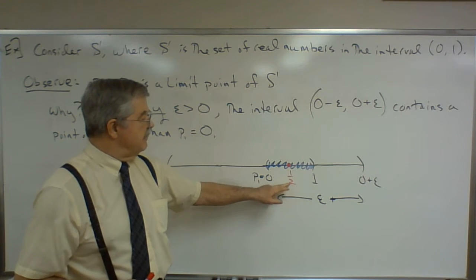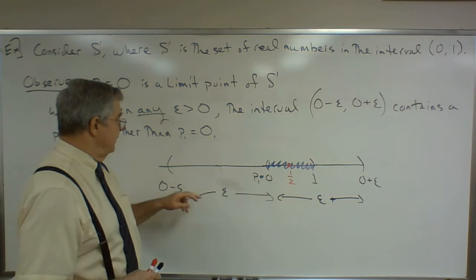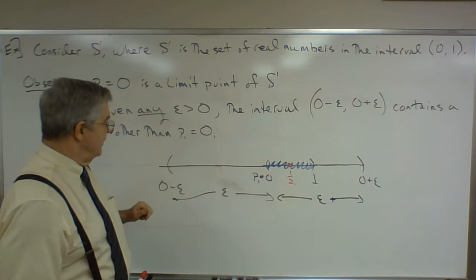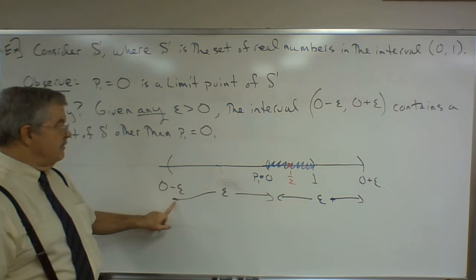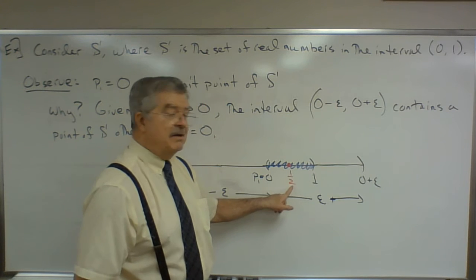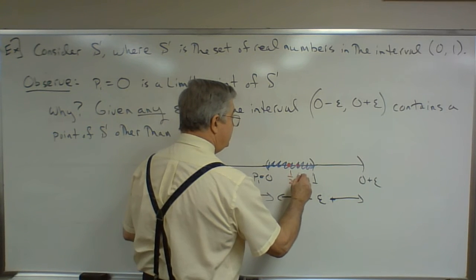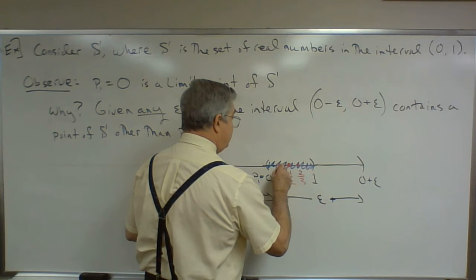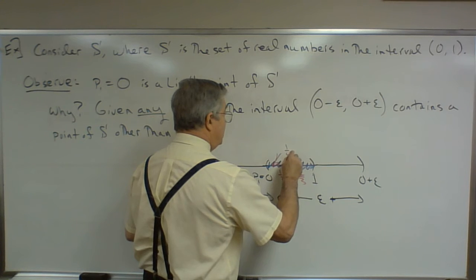This is in the interval from 0 to 0 plus epsilon and from 0 to 0 minus epsilon. 1/2 is an element of S, and the interval from 0 minus epsilon to 0 plus epsilon contains 1/2. It contains 2/3. It contains 1/3. It contains 1/4.